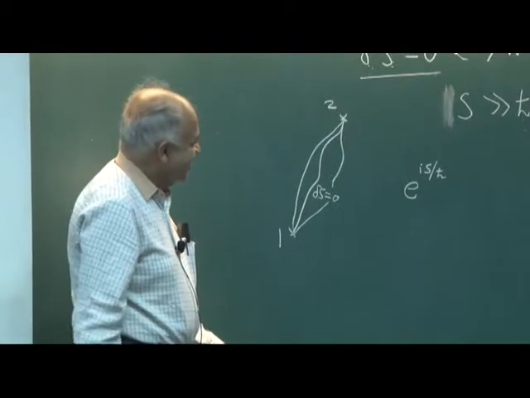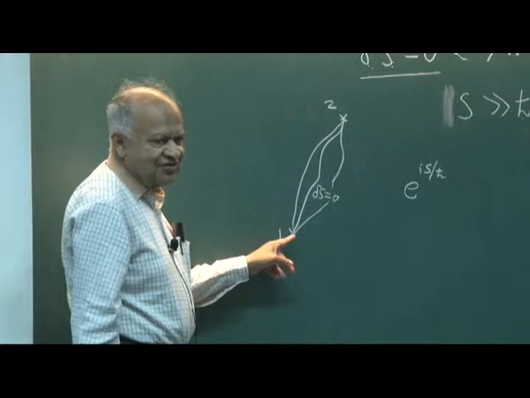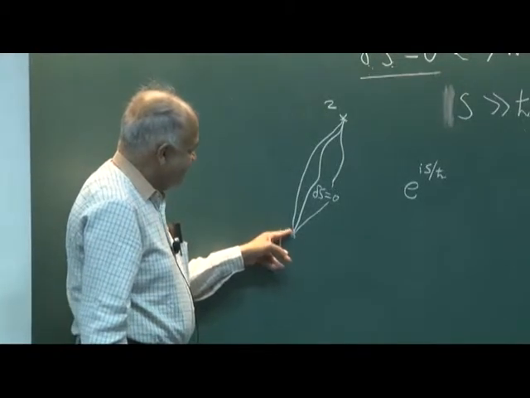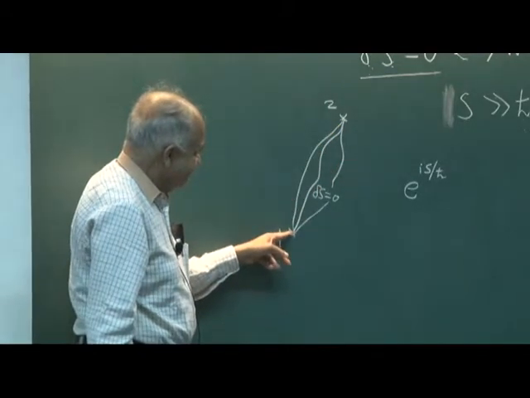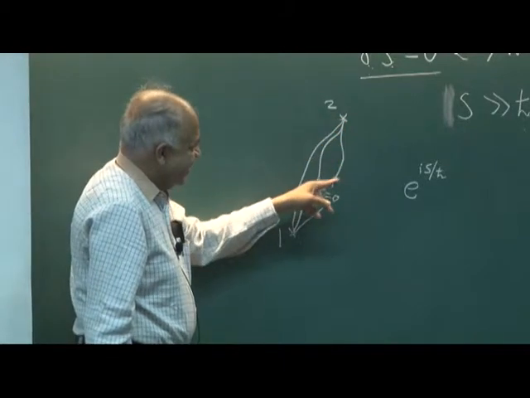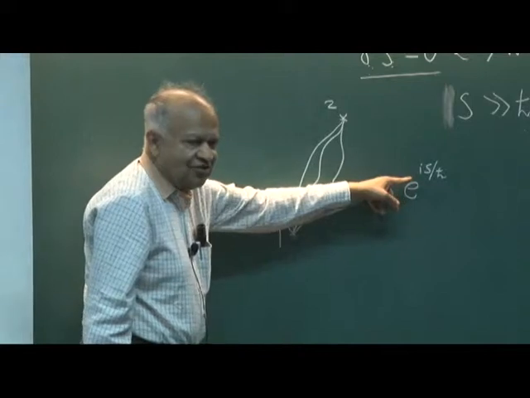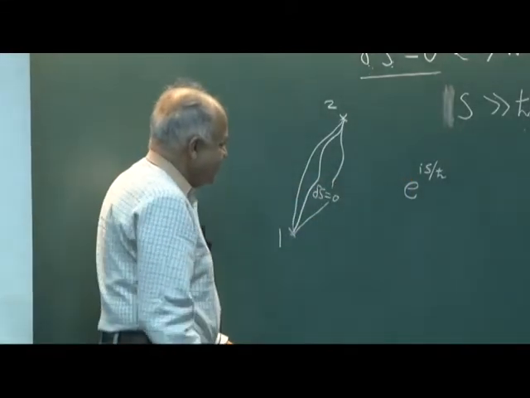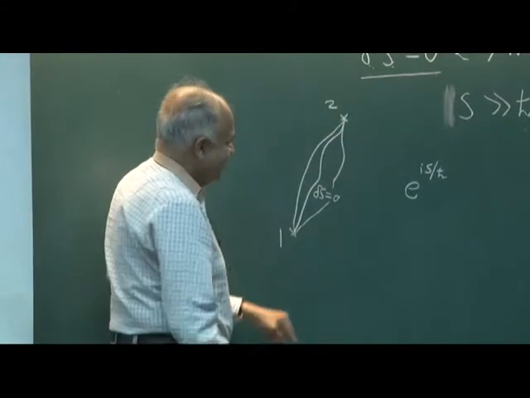He said that first of all you allow all paths geometrically possible, and you allow each path to describe the transition from state 1 to state 2, but attach a probability amplitude e to the power i S over h cross, and then that way you will be able to arrive at this result. Now, how do you arrive at that result?